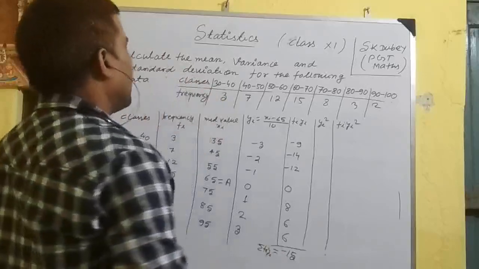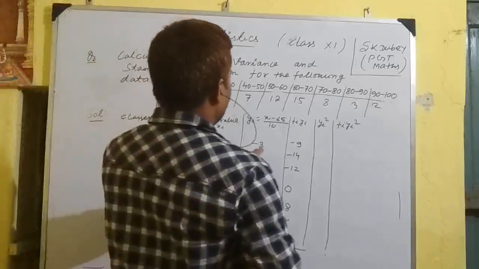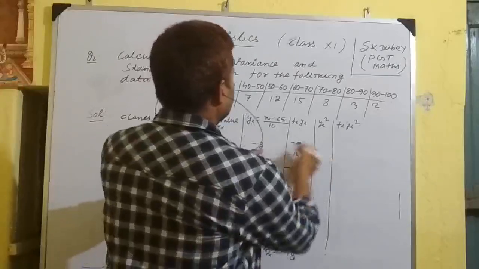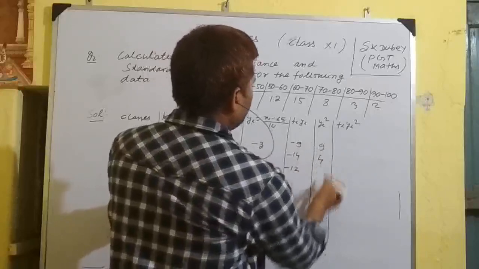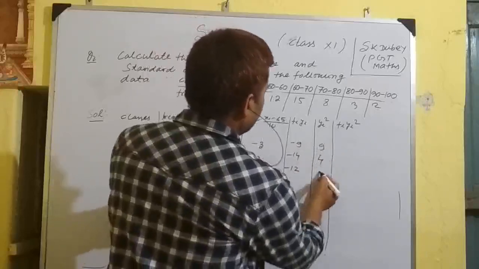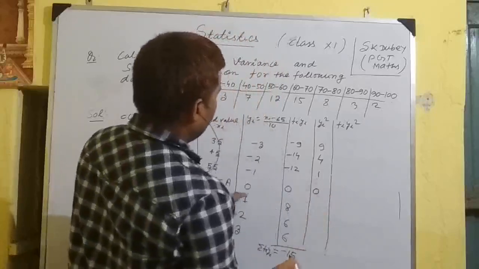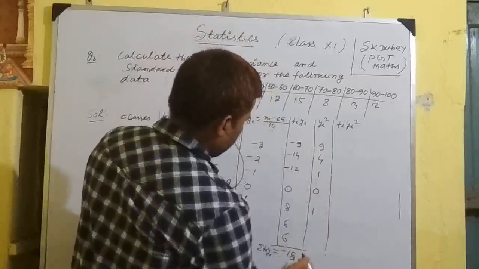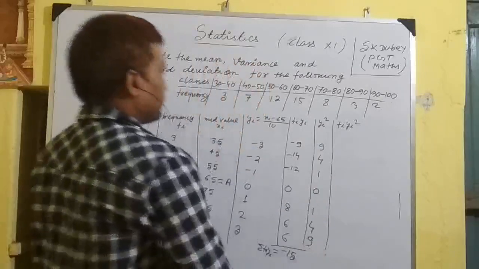Now yi square. yi is minus 3, the square of minus 3 is 9, it is 4, it is 1, here it is 0, and 1 square is 1, it is 4, and it is 9.